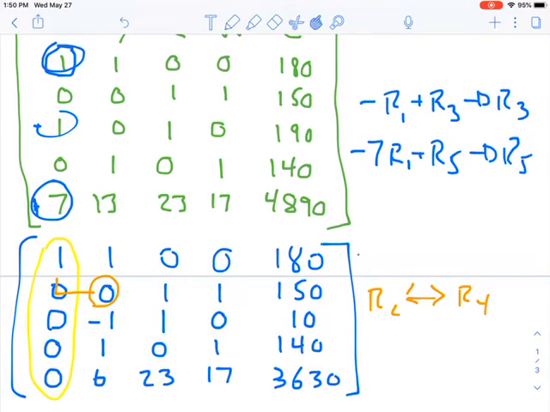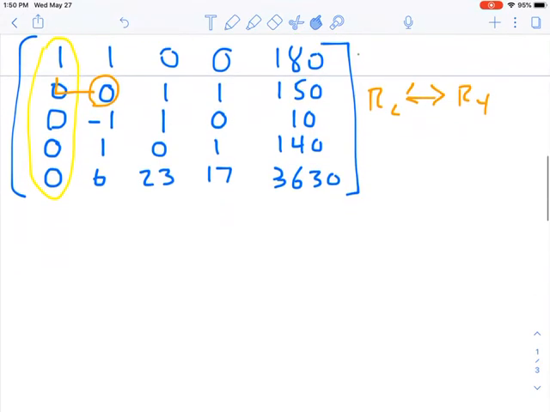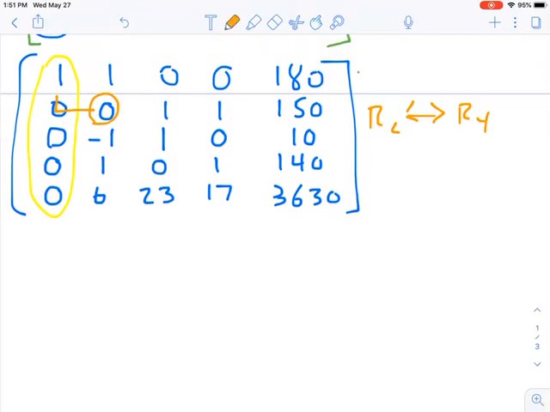And so what that's going to look like is, first of all, let's rewrite what's not changing. Row 1 is not changing. Row 1 is going to be 1, 1, 0, 0, 180. Row 2 and row 4 are changing, so row 4 is coming up, and that's now 0, 1, 0, 1, 140.